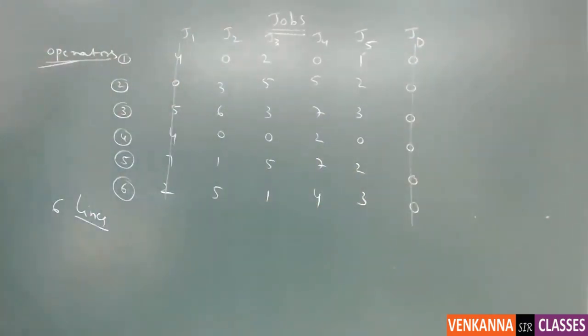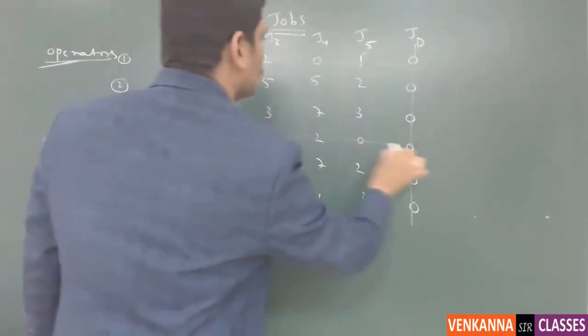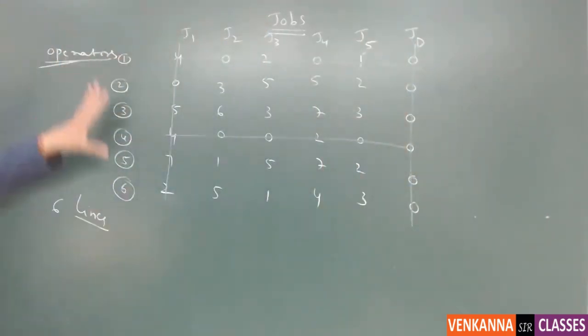Then operator 1 and operator 4, right? Yeah. So all zeros are covered, accepted by all? Right? J4. You are saying J4. So are all zeros covered or not?